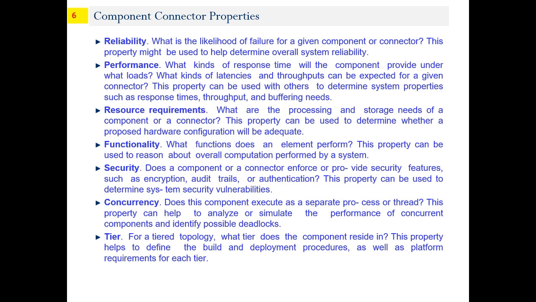Now let us take up the last point, that is tier, because the rest of the points have been addressed in the previous communication to you. That is tier. For tier topology, what tier does a component reside in? This property helps to define and build the deployment feature. Tier is of course something which is different from layer.